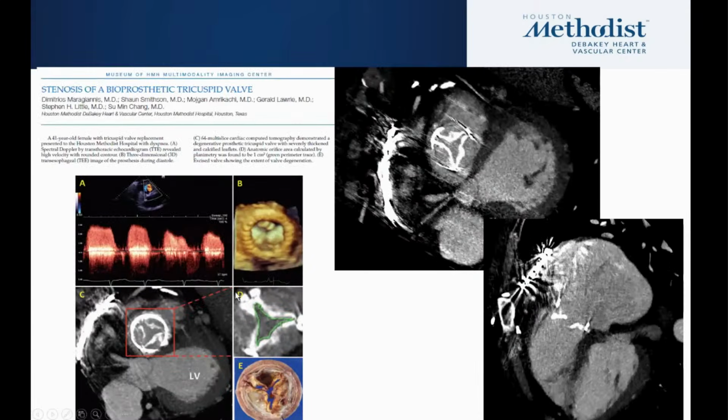Not only mitral or aortic valves could have problems, there are more and more patients that we see with tricuspid valve abnormality. This is a case with a very severely degenerated tricuspid prosthetic valve with significant stenosis.